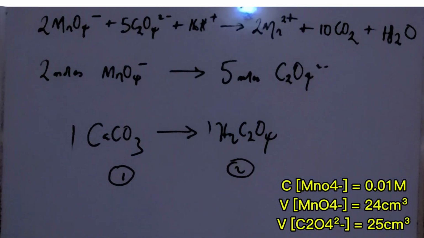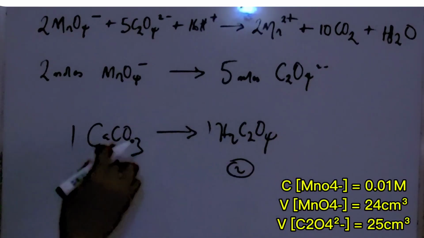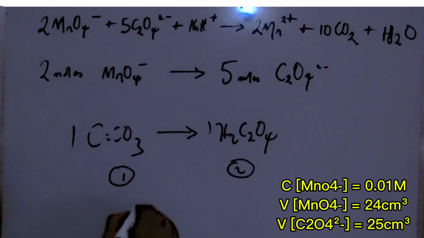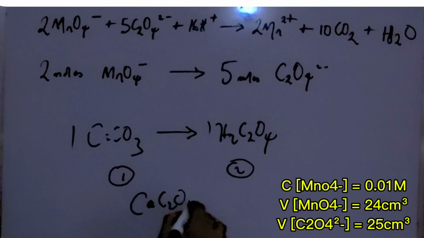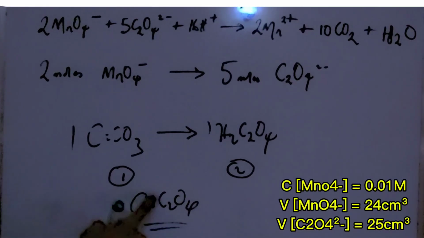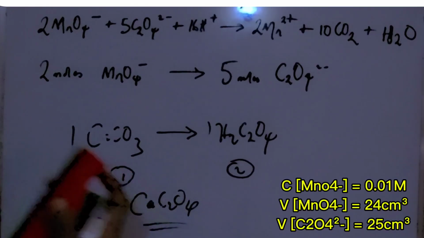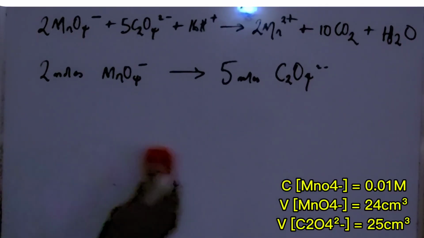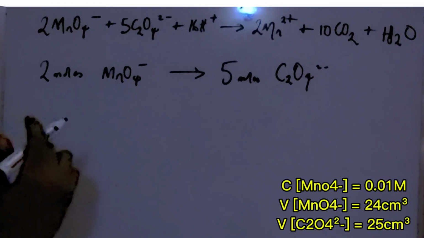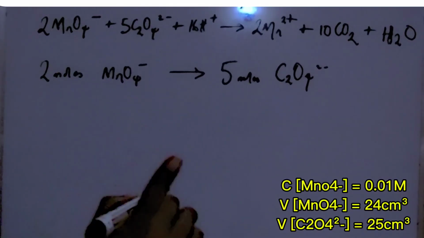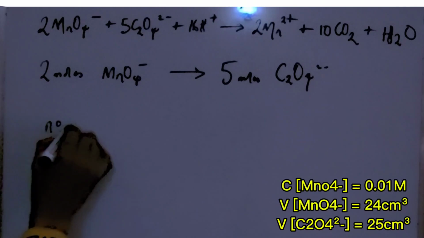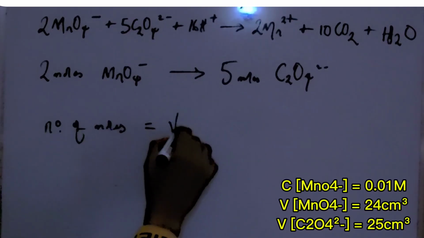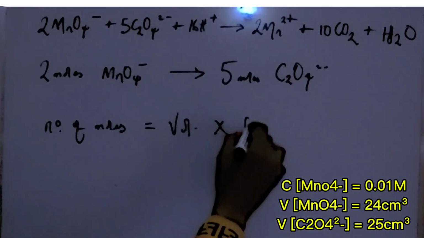So that means this oxalate is significant to telling us the calcium. Remember we had this CaC2O4 from the previous reaction, so they are all equivalent, because we essentially introduced this into the sample. Now look at it very well. You have to know this relationship, that number of moles is volume times concentration.